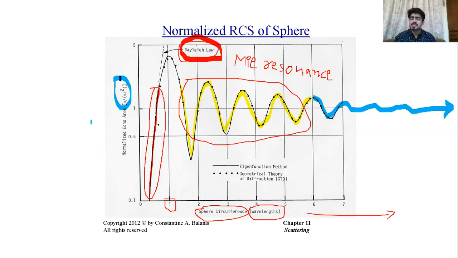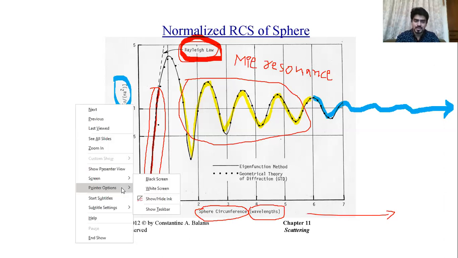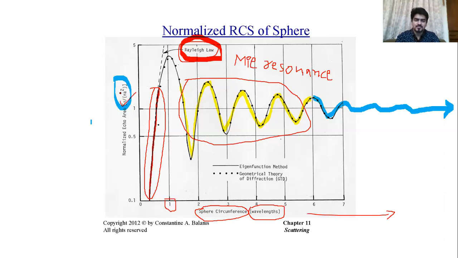So when you take the ratio of the radar cross section, or echo area, this sigma, with respect to pi a square, you can see that the ratio will approach the value 1 as you keep on increasing the circumferential dimension of your sphere.